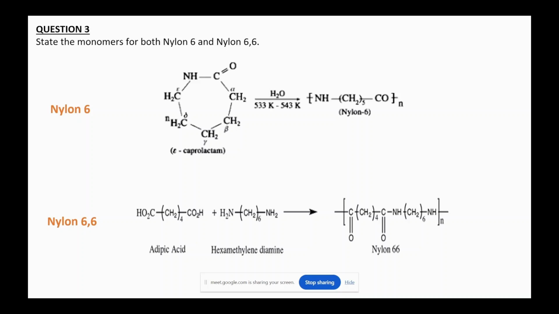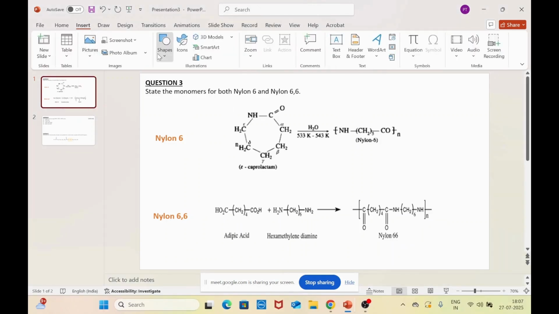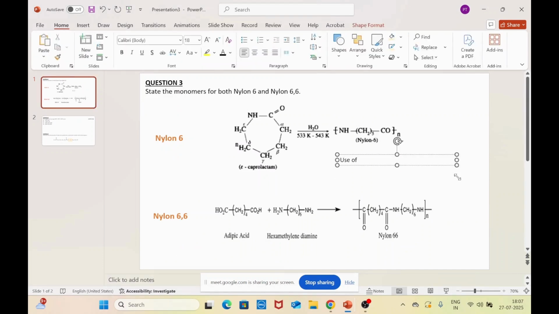But what about nylon 6? Any idea on where nylon 6 is used?